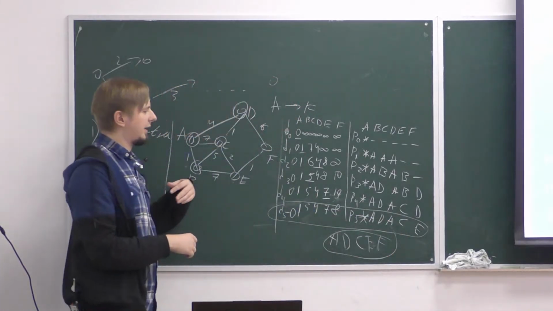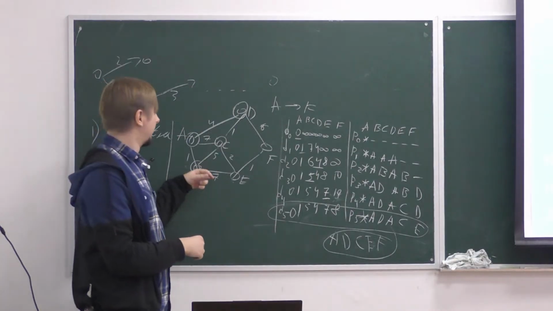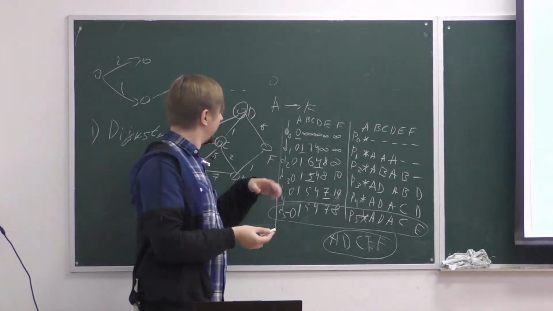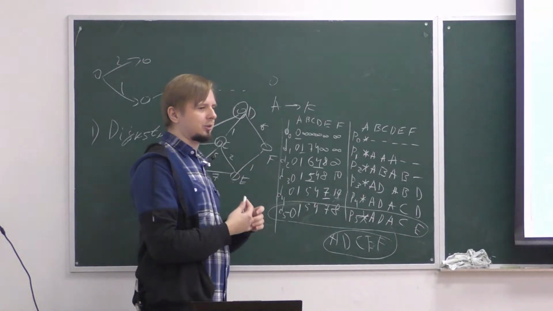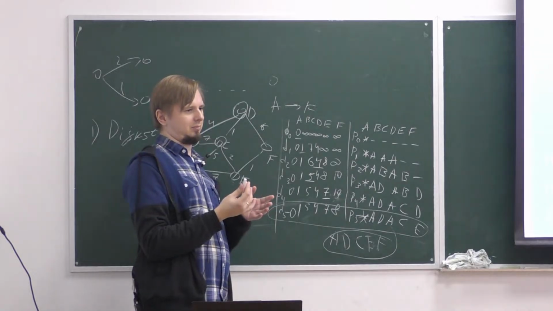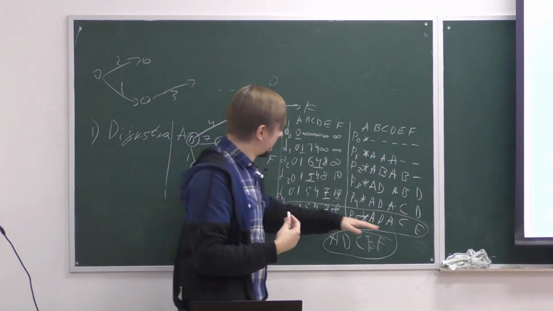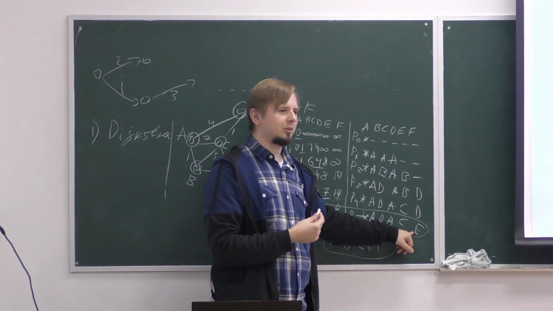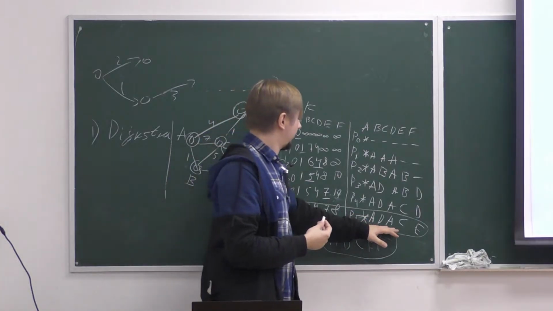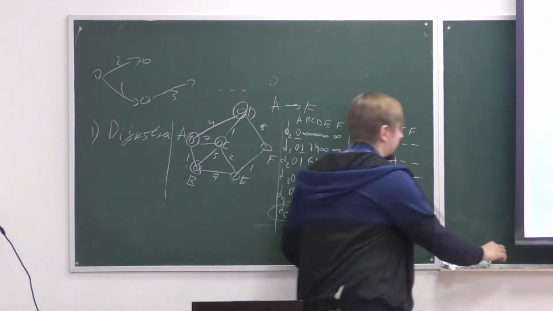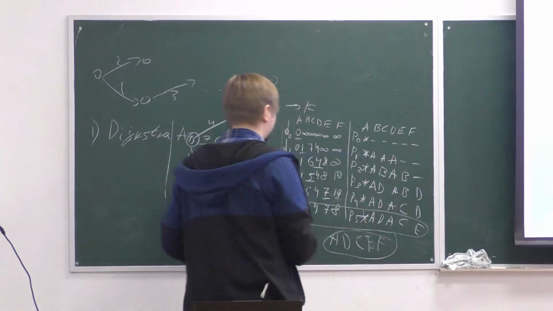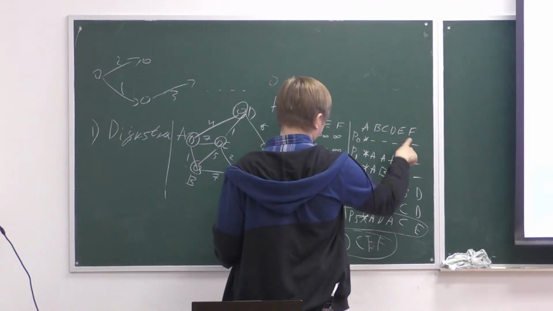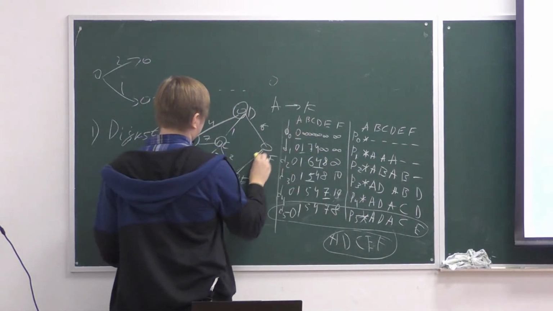Also, from what we have here, we can construct the so-called shortest path tree, or in this case, if the graph is connected, the shortest path spanning tree. What is it? This thing corresponds to the shortest path spanning tree. Let's just color the edges. We go to F from E, so this one.